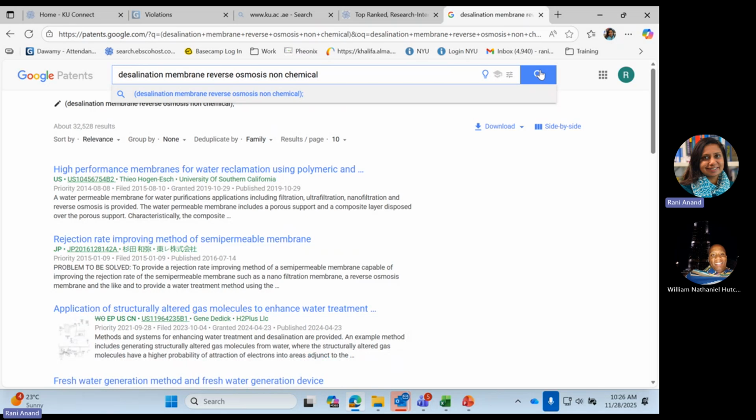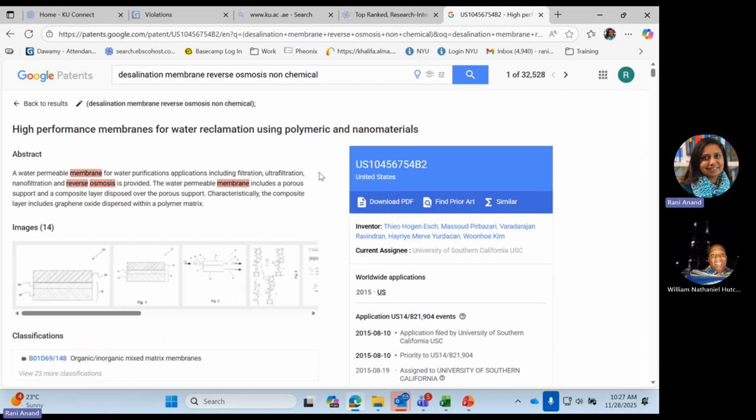There are a lot of patents. Then you will be able to do the advanced search if you have any further filtration ideas. The first one is a high performance membrane for water reclamation using polymeric, non-chemical nanomaterial based filtration.